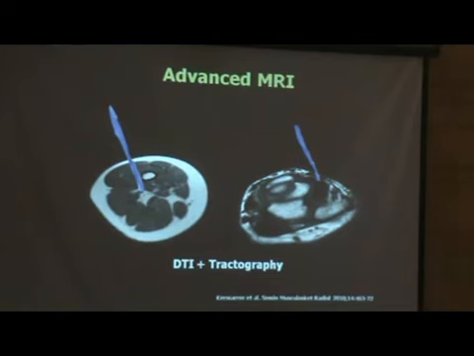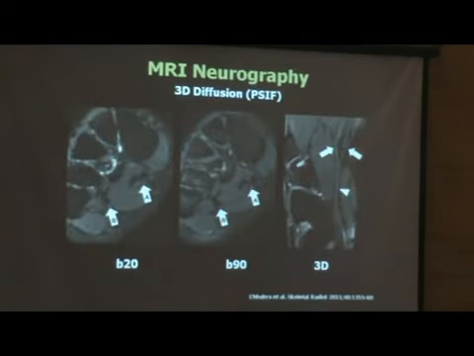This is diffusion weighted sequence. And this is the so-called MRI neurography, which is also based on diffusion, but this is three-dimensional diffusion. And this is nice because it can reproduce three-dimensionally the course of the nerves.